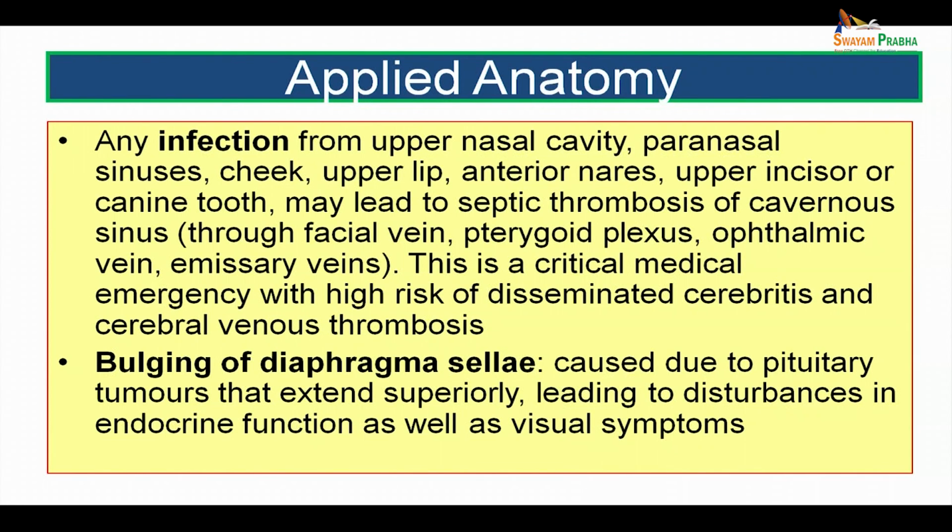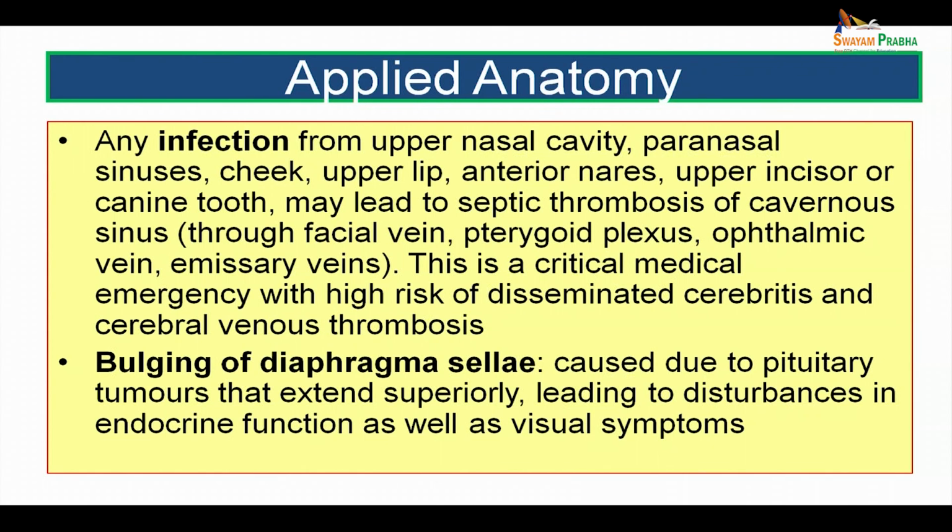So, any of these areas having infection, the infection could spread to the cavernous sinus through these routes. It is a critical medical emergency with a high risk of disseminated cerebritis as well as cerebral venous thrombosis.